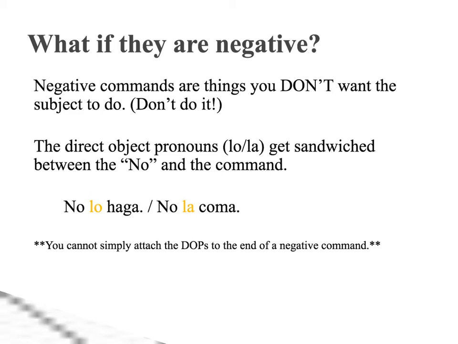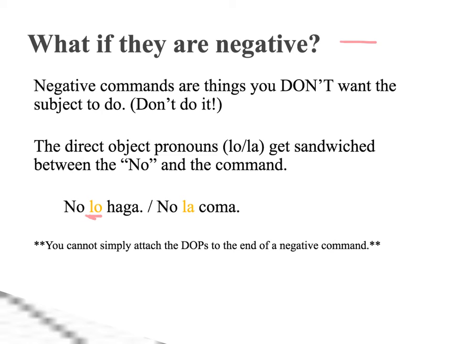So we know that not all commands are going to be positive. A lot of times we say don't do something, don't do it. These are considered negative commands. When we have negative commands, we're going to form them in the same way for the usted and ustedes forms using that subjunctive, but the direct object pronoun gets bumped around. It's no longer going to come at the end, but it will come before the command and after the no. So when we're forming a negative command, we say no and then the command.